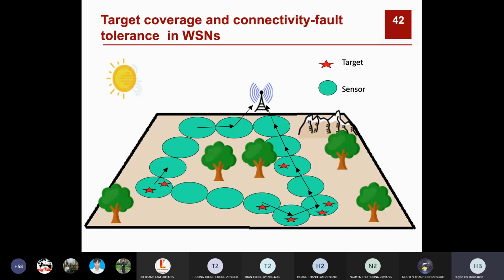The problem is where to put the sensors and how many sensors you need, and of course you need to minimize the number of sensors to save cost, while ensuring connectivity in the wireless sensor network. Even though the picture is very simple, there are a lot of questions and optimization problems in it.